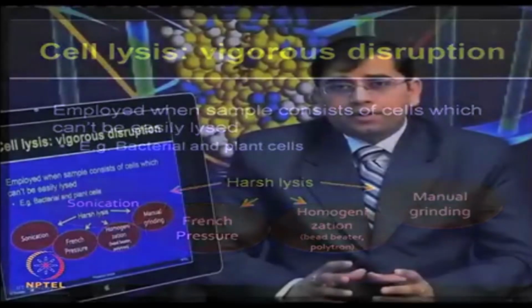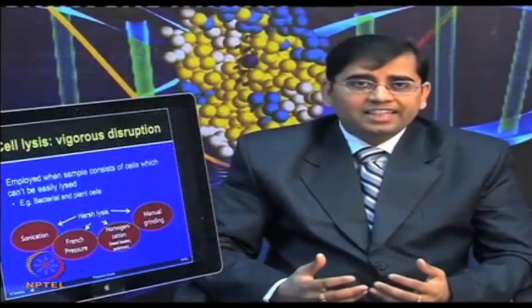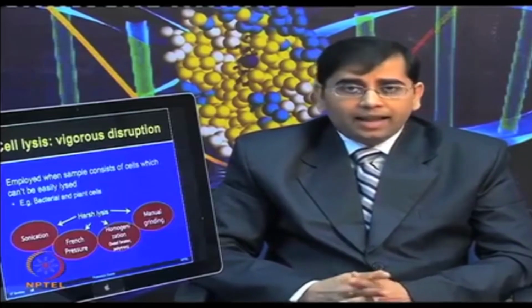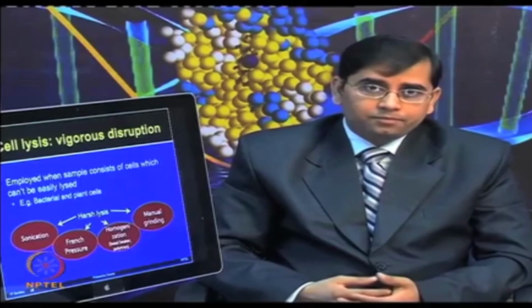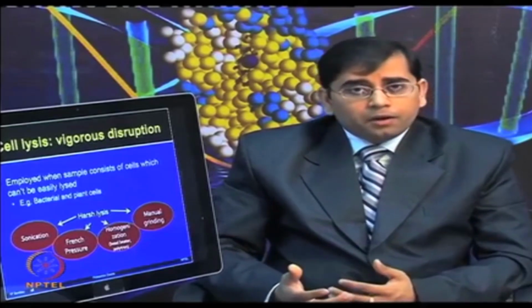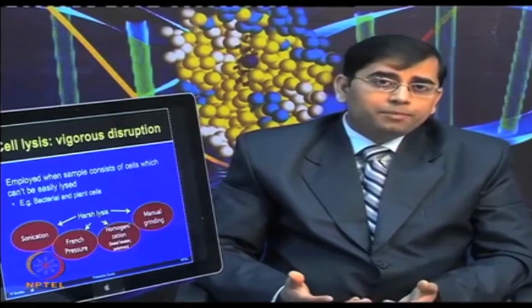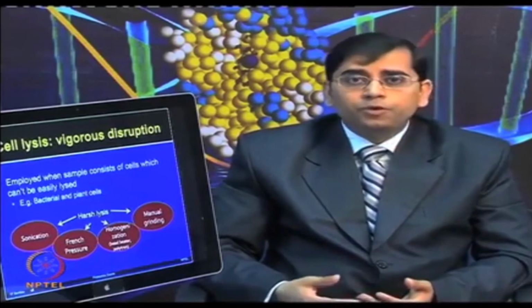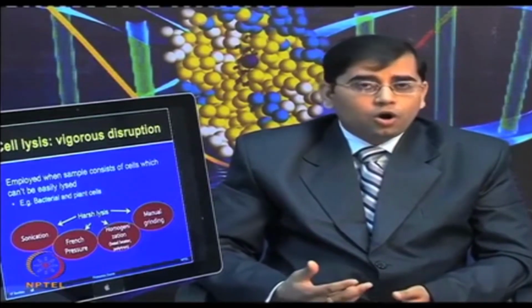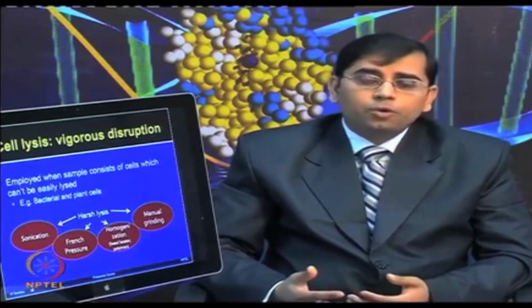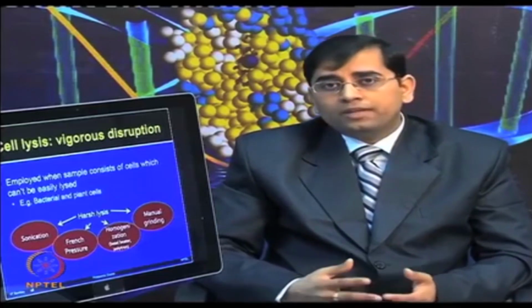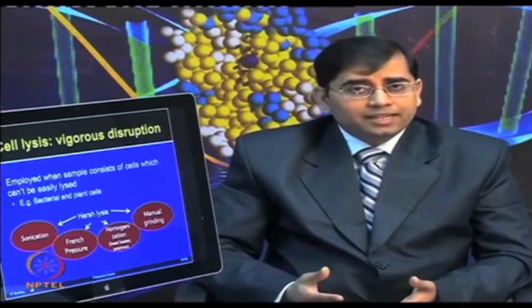We will talk about different cell lysis methods and some of the principles involved as we go along with more specific types of samples. But in most sample preparations, people mostly use manual grinding or homogenization by using a bead beater or polytron homogenizers. These are very commonly used homogenization methods.